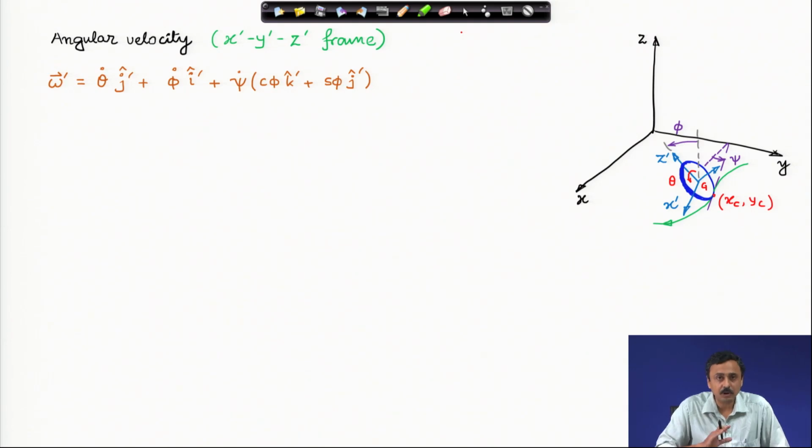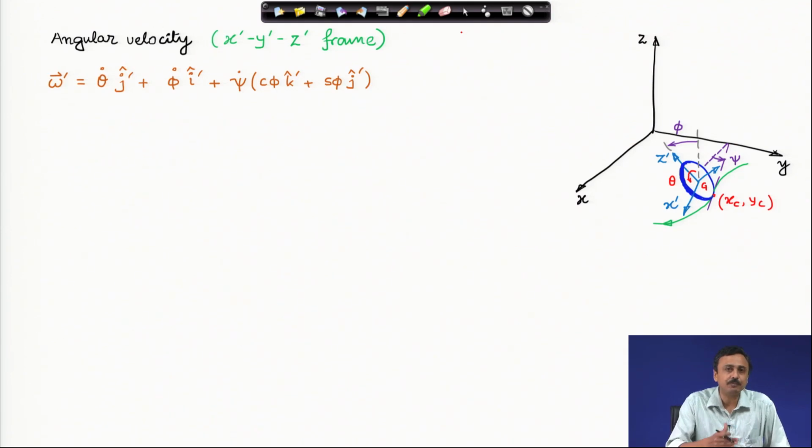The y prime direction, which is not marked but shown, is perpendicular to the face of the coin. The coin being axisymmetric, whatever happens to the coin, it is always in the x prime z prime plane, and therefore its moment of inertia tensor is constant.